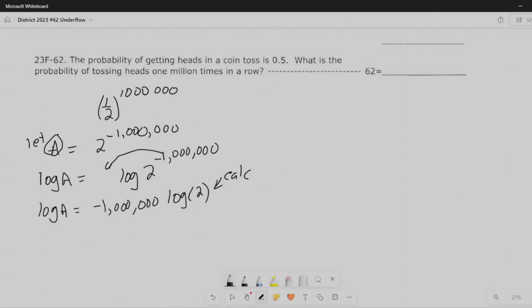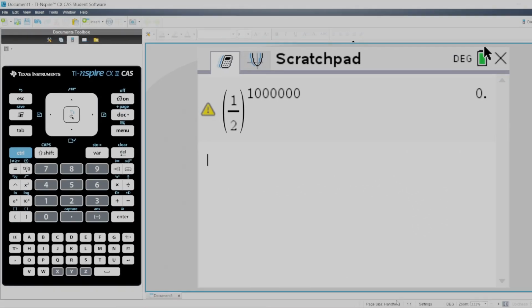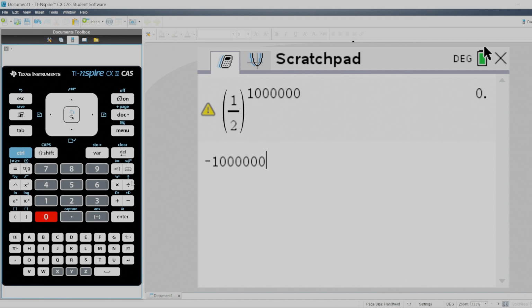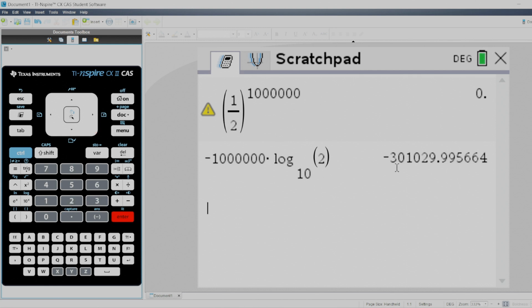When we put this in the calculator, it's negative 1,000,000 times the common log of 2. Back in the days, we could only do common log or natural log. Common log of 2, and you get the following answer.